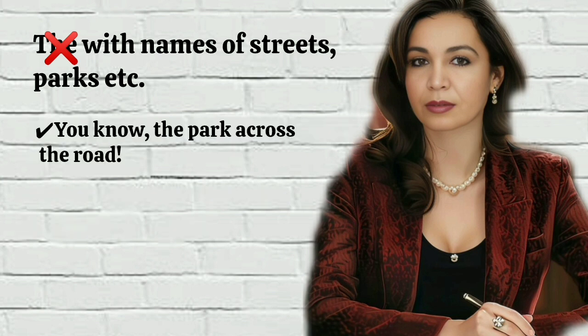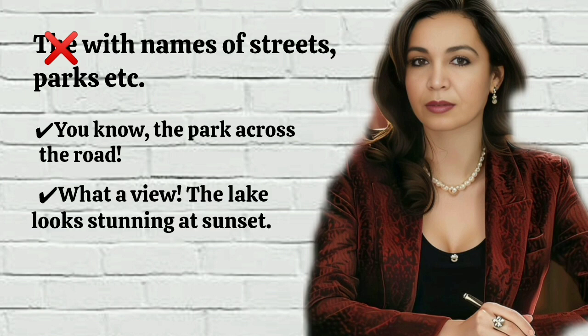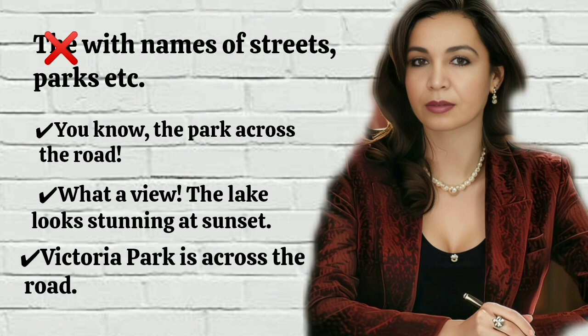You know, the park across the road, or you can say, the lake looks stunning at sunset. Here I did not mention the lake's name, so I can add the. But when we name the park or the lake, we don't use the article the. For example, Victoria Park is across the road.